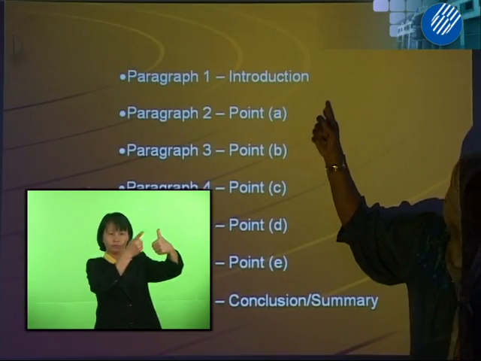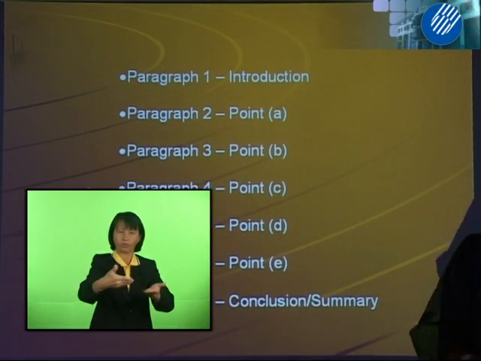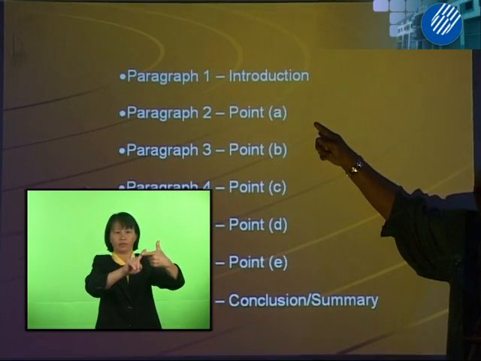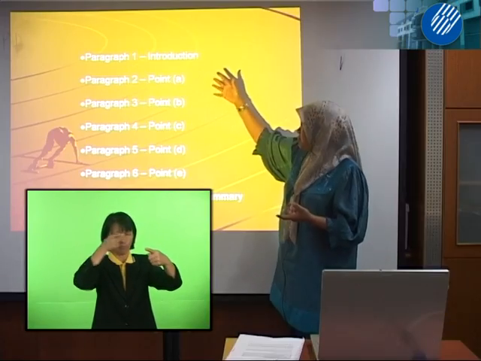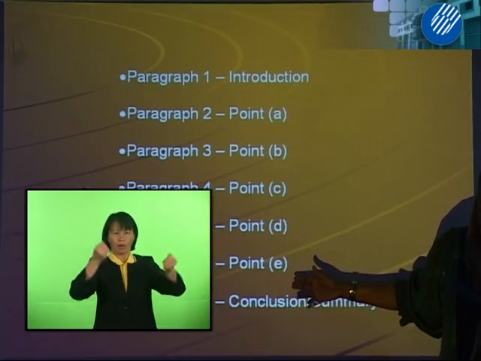The first one, you always begin with the introduction. Introduction is the first paragraph. Then you go to the second paragraph where you have the points. Perhaps some of you might be able to come up with so many points.